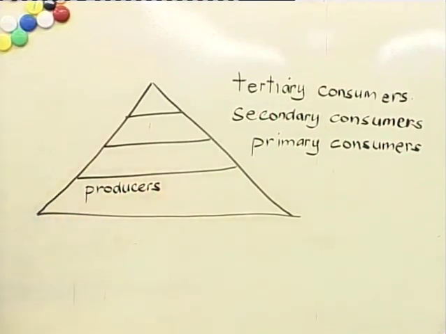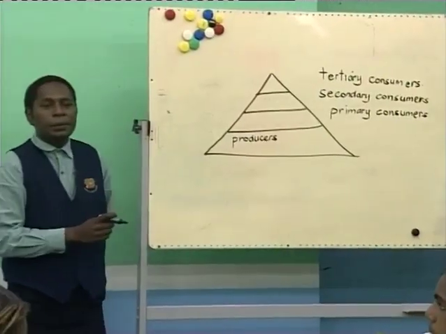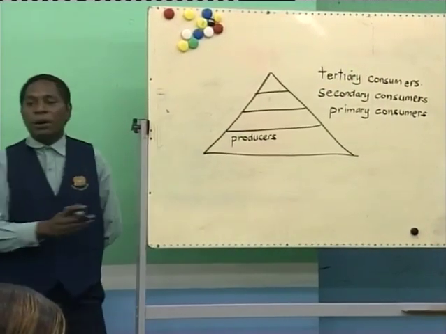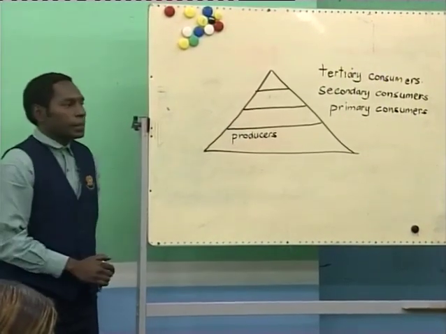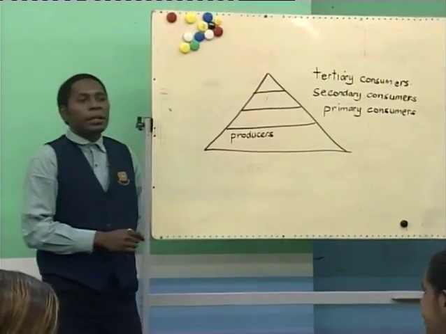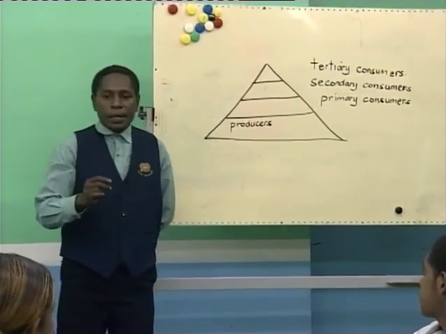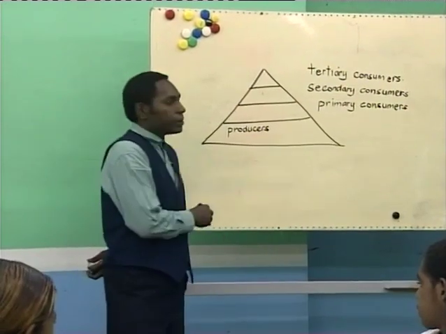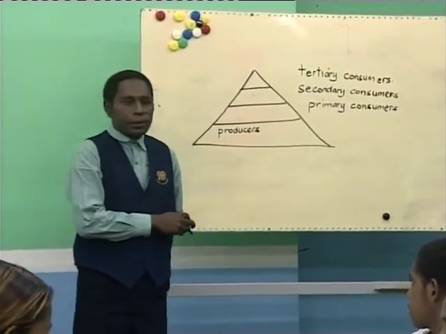Tertiary consumers, very good. That is what we looked at in our previous lesson. We had producers here, and then we had primary or first consumers. Then we had secondary consumers or second consumers, and finally the tertiary or the third consumers.